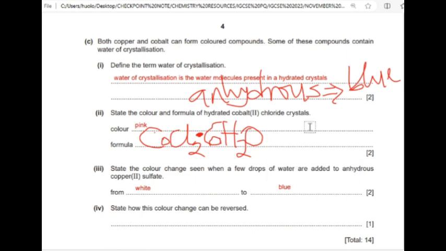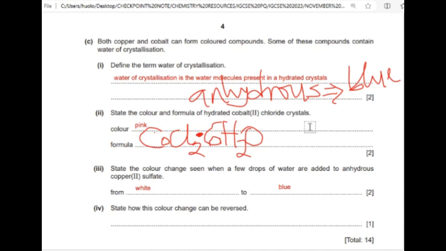Alright, please be careful with the color. If it's cobalt 2, anhydrous is blue and it changes from blue to pink when you add water. For copper 2 sulfate, anhydrous is white and it changes from white to blue.